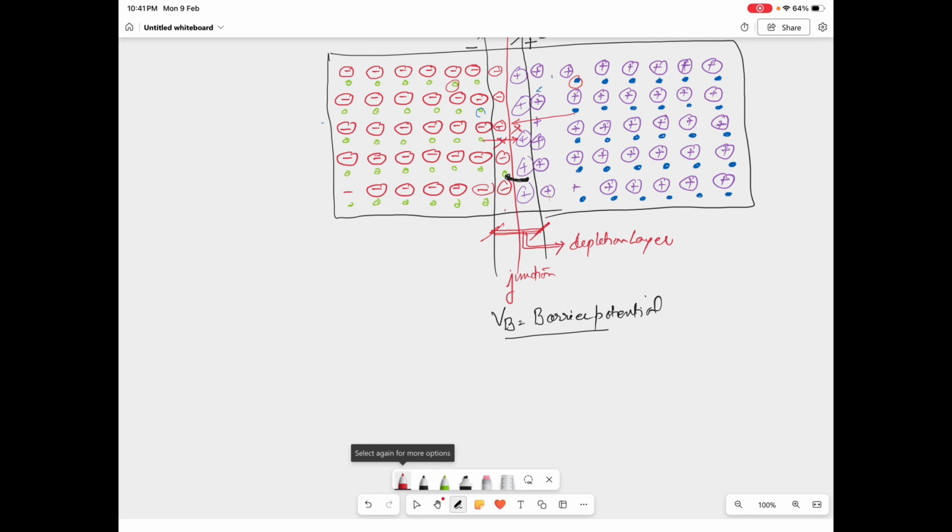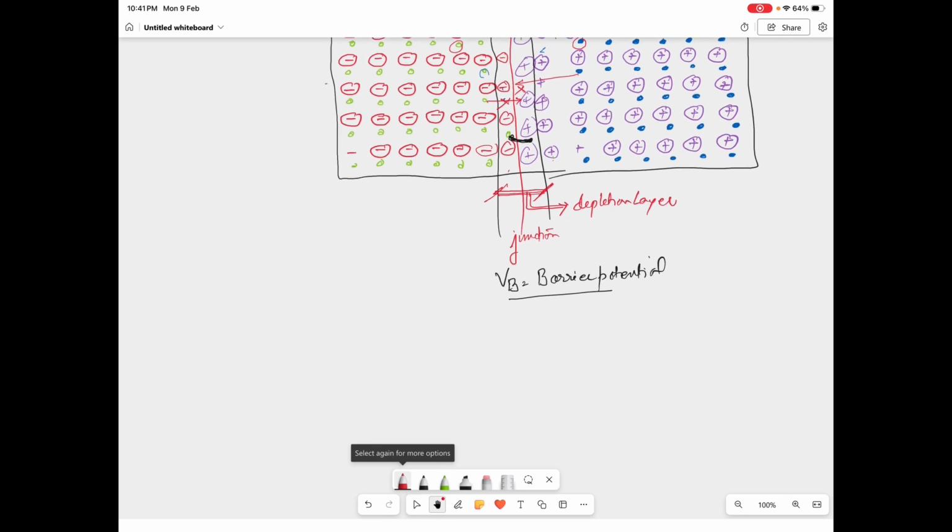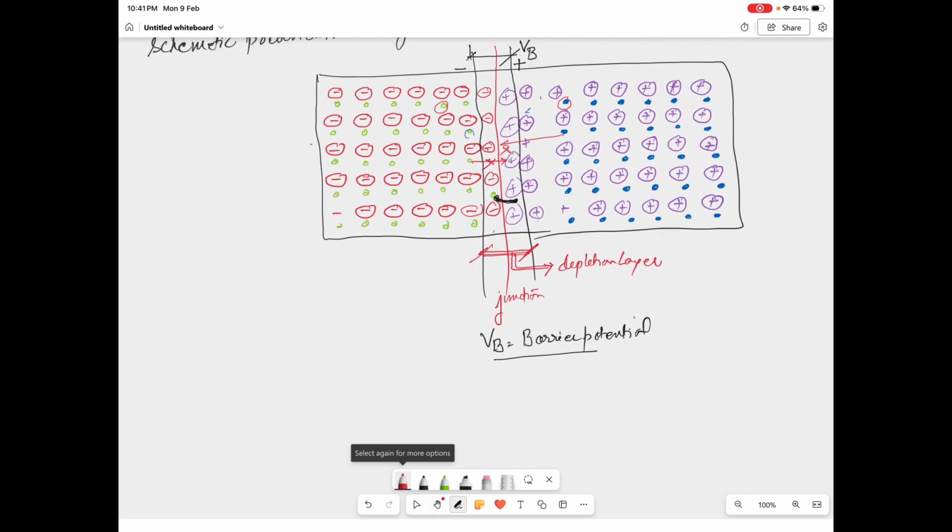So this barrier voltage stops the movement of the majority carriers in the p-n junction. Here is the p-type semiconductor, and here the n-type semiconductor.